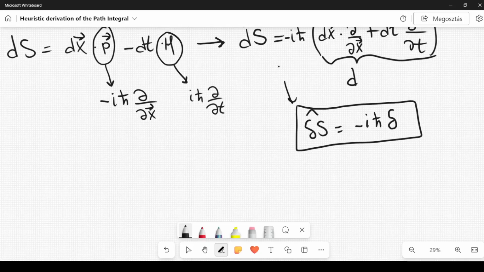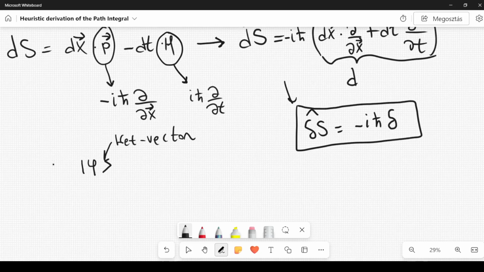Now, having this operator delta S, we will construct the following inner product. So first, let me define the state phi. So I'm using the bracket notation. This is a ket vector. You can think of this, for simplicity, as a column vector.